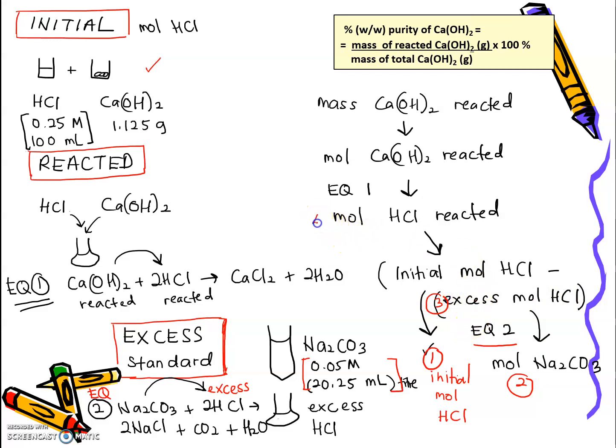Then number 4, you can find mole of hydrochloric acid reacted by the value initial mole minus excess mole acid. Okay, yang awal yang total tolak yang lebihan dapat yang reaction. Dapat number of mole reaction masa reaction with analyte in sample.